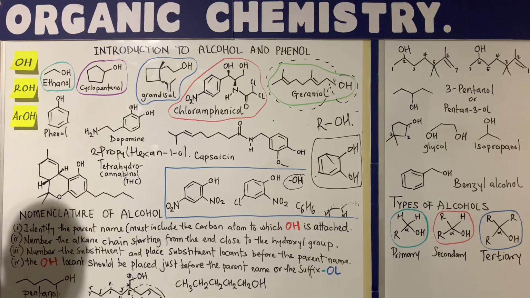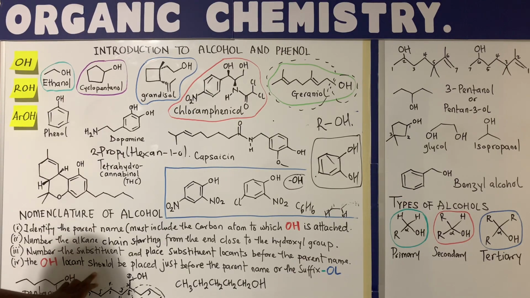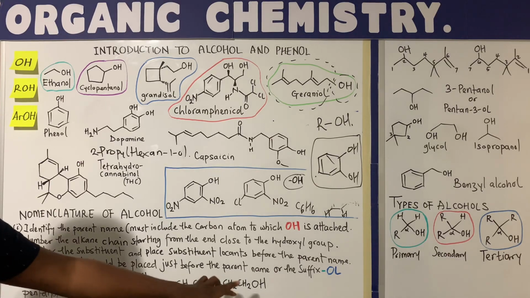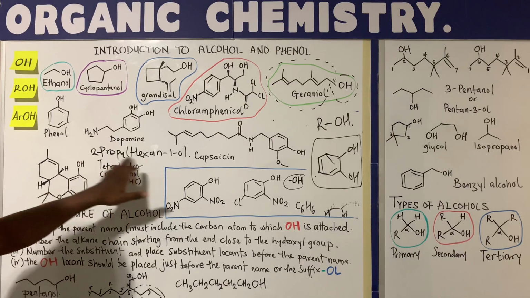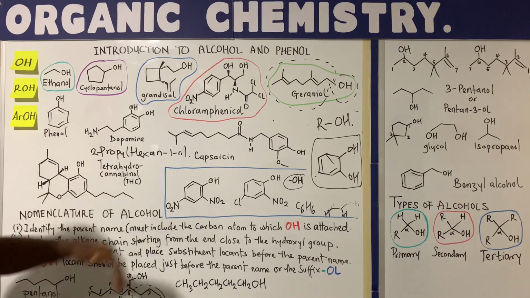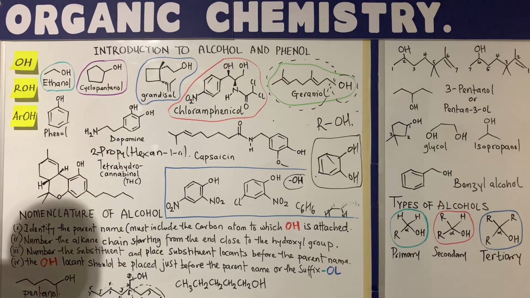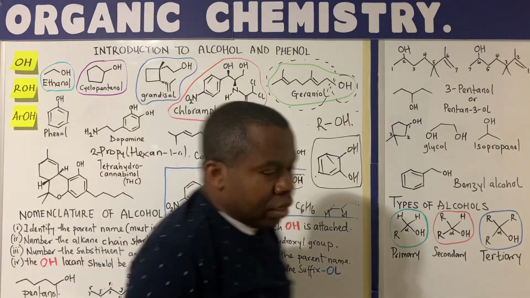And according to the fourth rule, the OH locant should be placed just before the parent name or the suffix -ol. That means that this compound name can be rewritten.